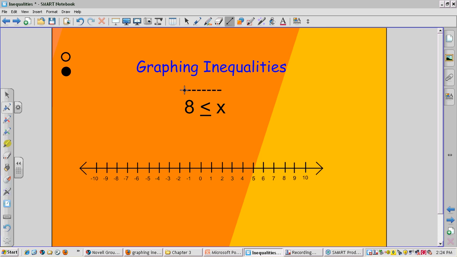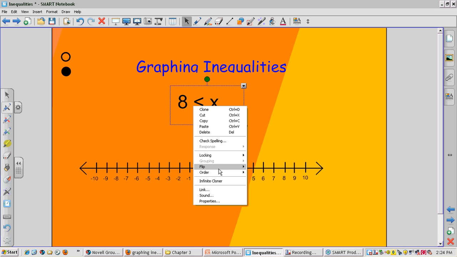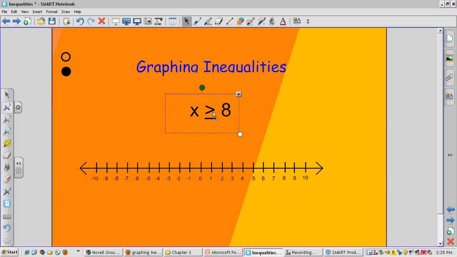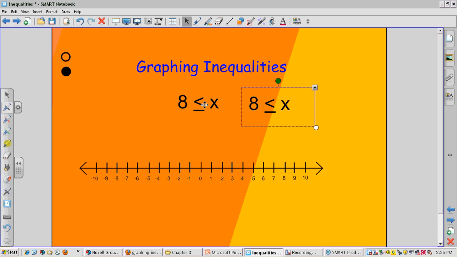So one way to get around that is to take your problem, if you want to reorganize it, and turn it around. Here was our problem. Maybe I'll make a clone of it so you can see what it looks like. So there's the original. If I read it from the letter side, in other words from right to left, x is greater than or equal to 8.